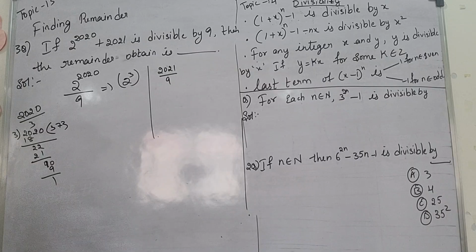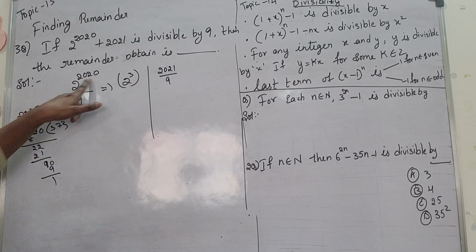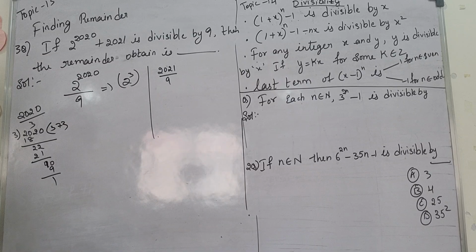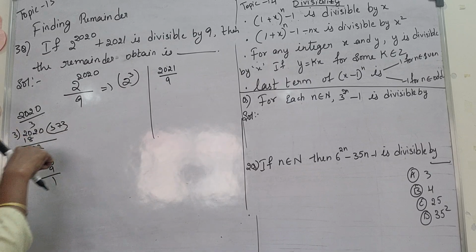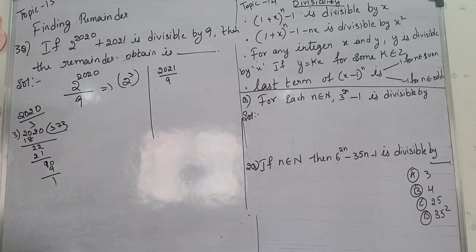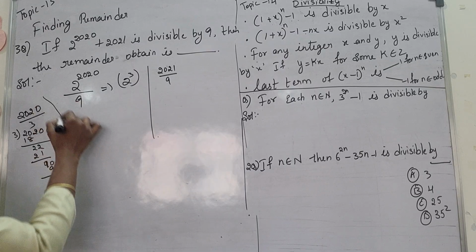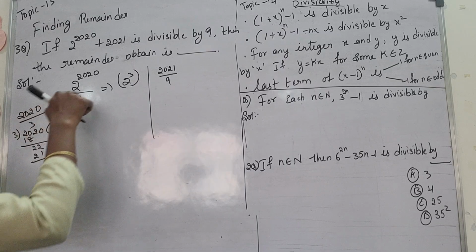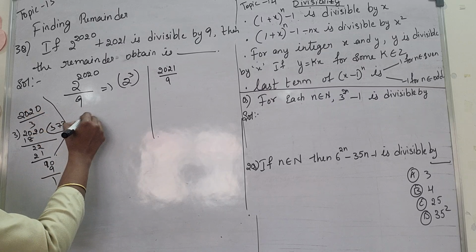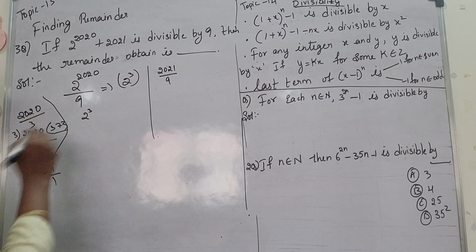When I divide this by 3, I'm getting 673, and remainder is 1. So what I'm going to do is here, I need a 3, right? So 2 cube I need, because 8 is near to the 9.